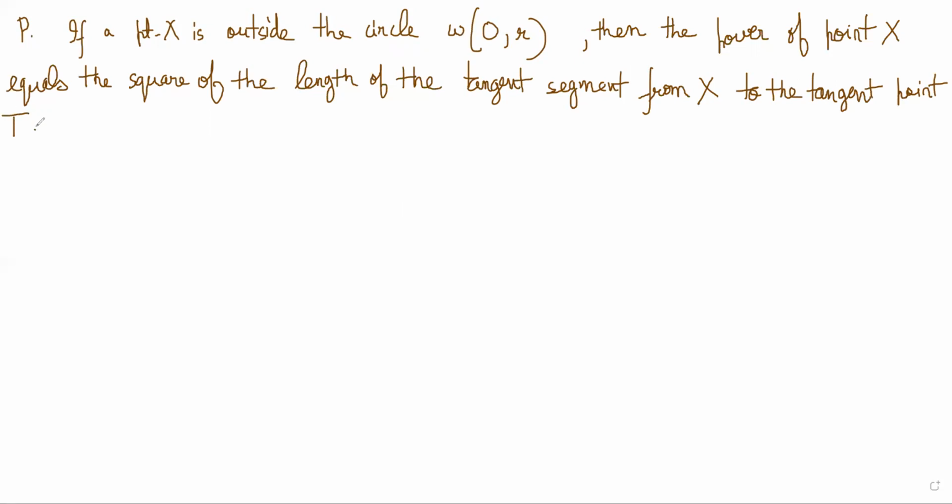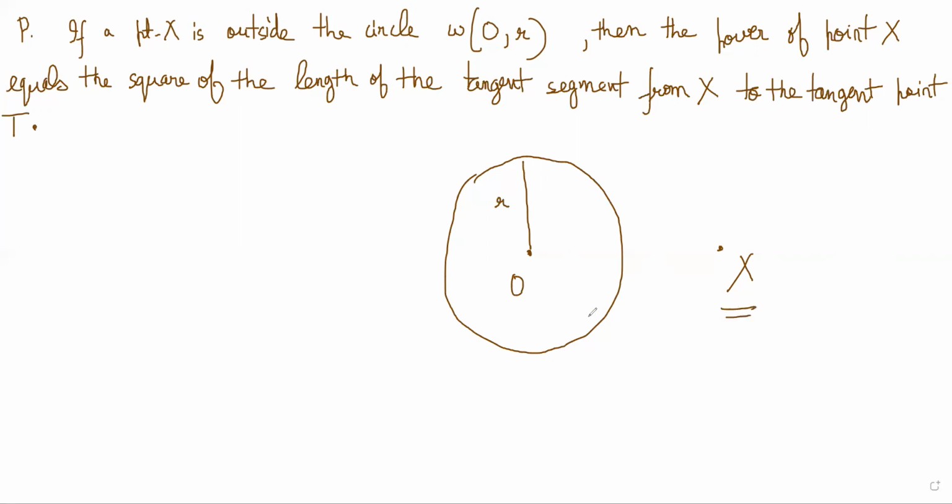What this means is, draw a circle. Let's say X is outside the circle, you have O here, and the radius is R. Then the power of point X, how will we write that? That will be OX squared minus R squared. And he's saying that is equal to the length of the tangent segment from X to the tangent point.